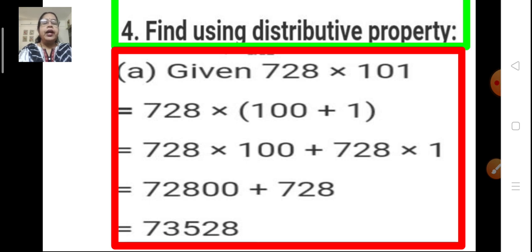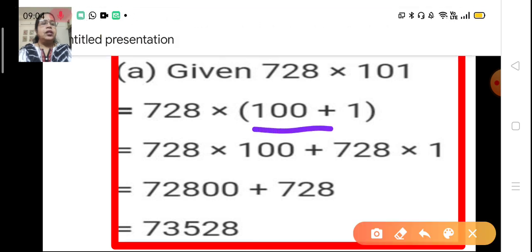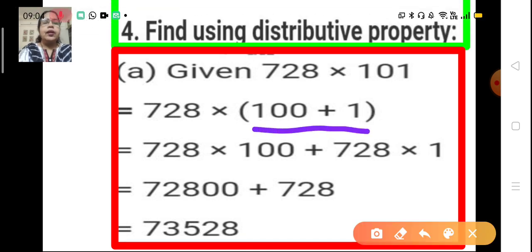728 multiplied by 101. We have to use the distributive property and try to solve it very easily. Instead of 101, we can write it as 100 plus 1, isn't it?